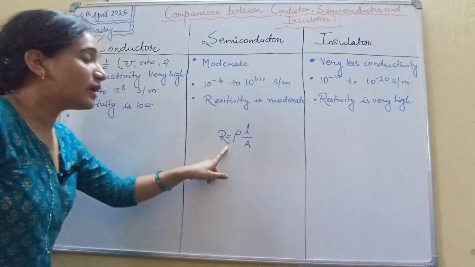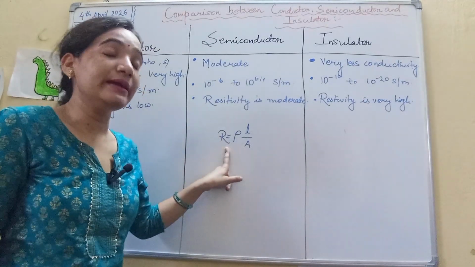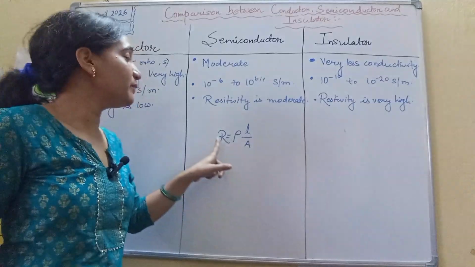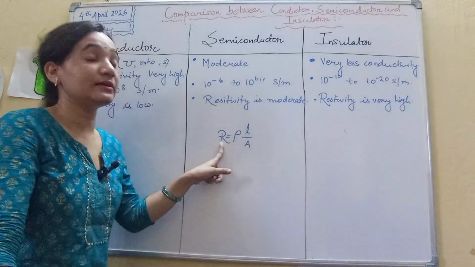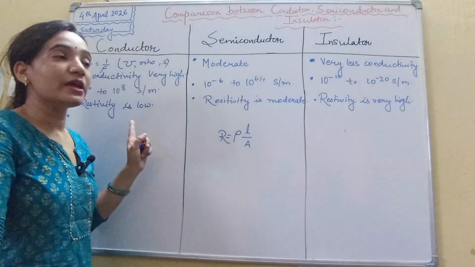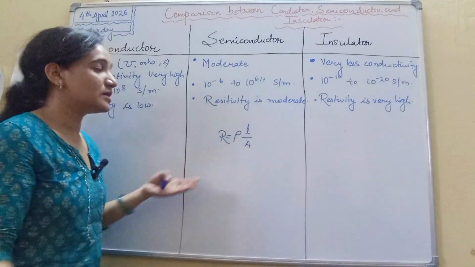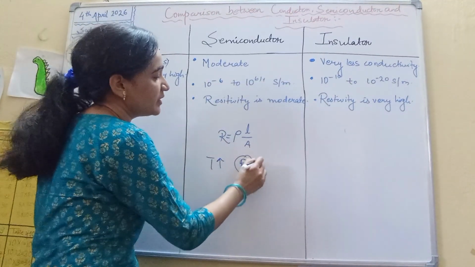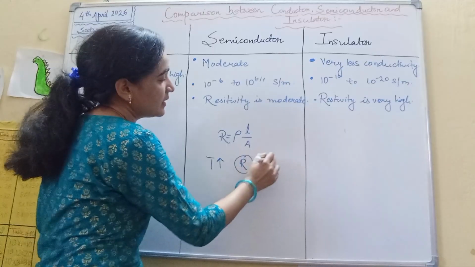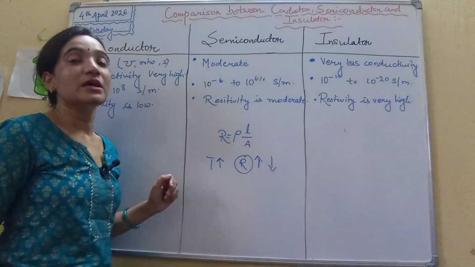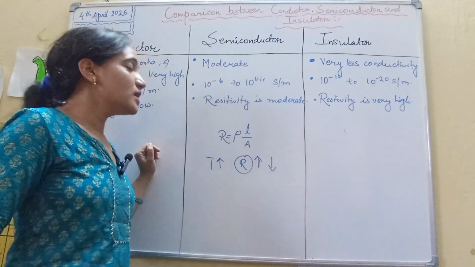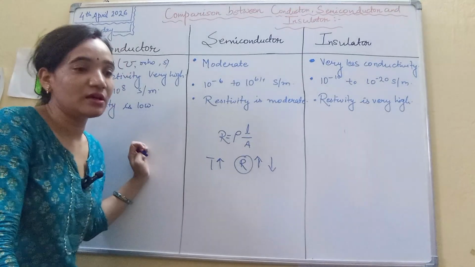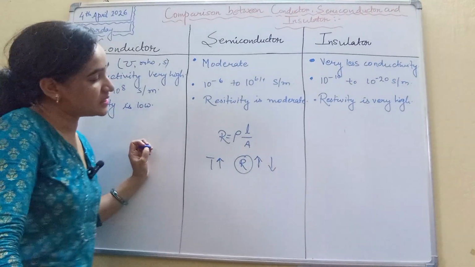So we are going to understand the relation between the resistance and the temperature. If we increase the temperature, what is going to happen to the resistance, whether it will increase or decrease? That is called the temperature coefficient or temperature resistance coefficient.